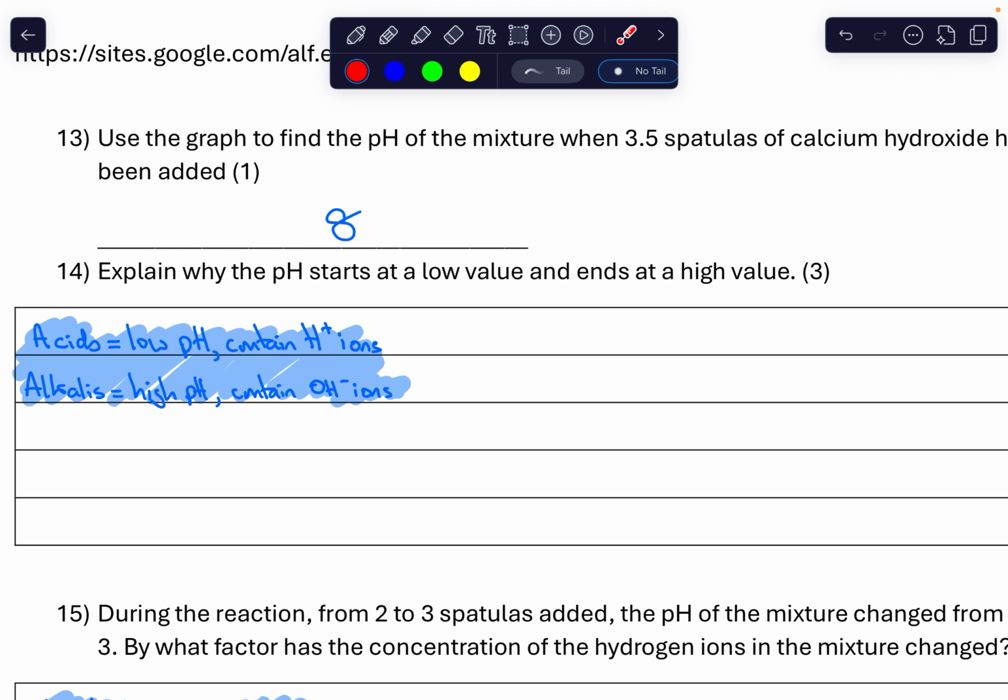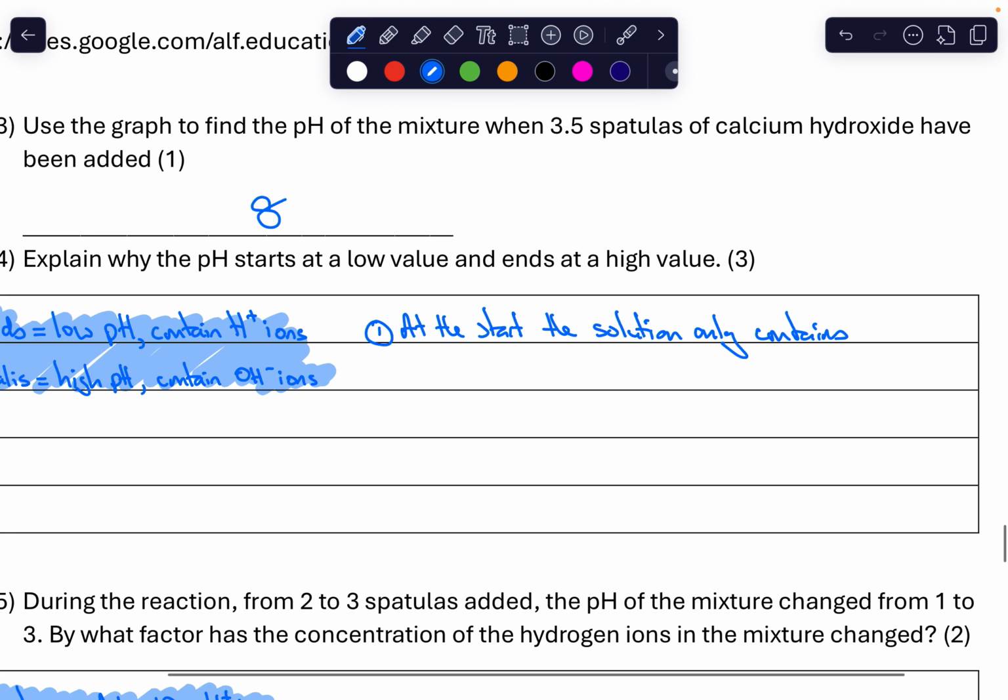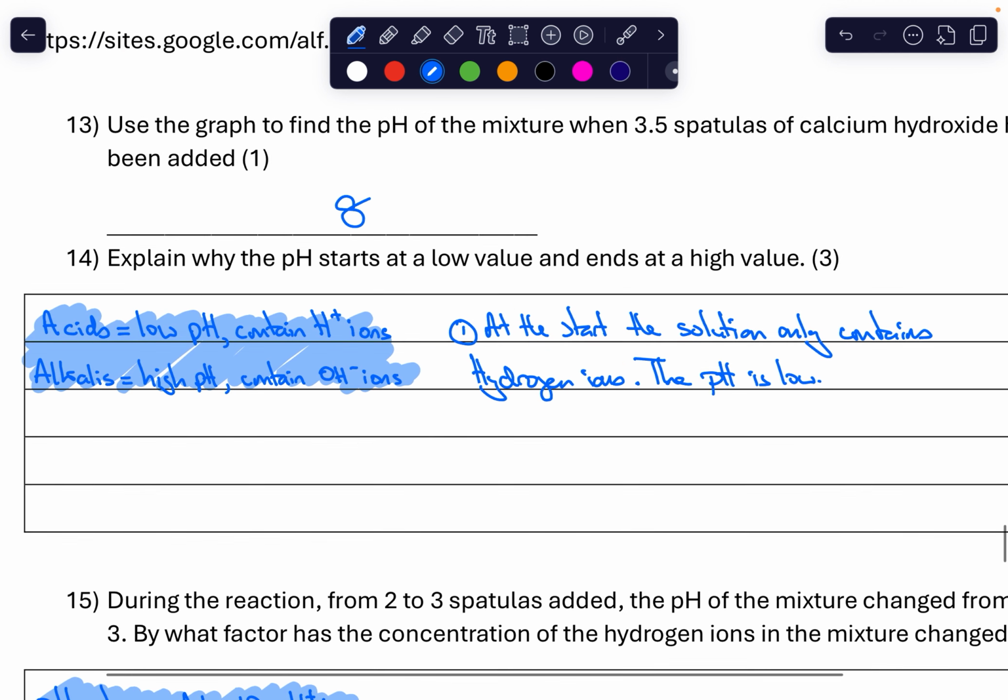I'm going to say at the start, the solution only contains hydrogen ions. And this means that the pH is low.